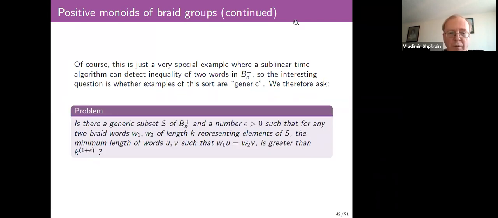One can ask the following question: is there a generic subset of a positive braid monoid and a positive epsilon, such that for any two braid words representing elements of this positive monoid, the minimum length of words that implement the OR condition is greater than k to the power 1 plus epsilon? In that case, you will have a generically sublinear time algorithm of detecting inequality of words in the positive braid monoid.